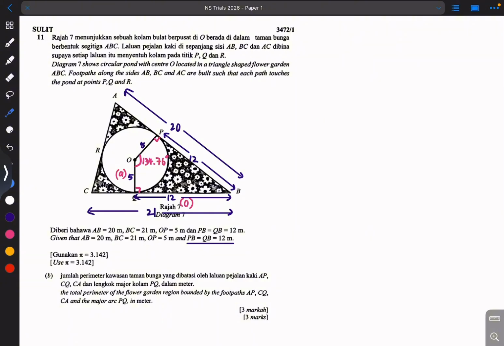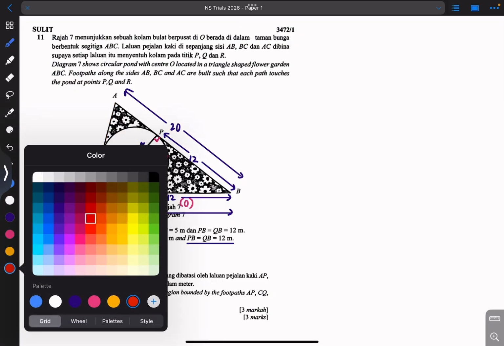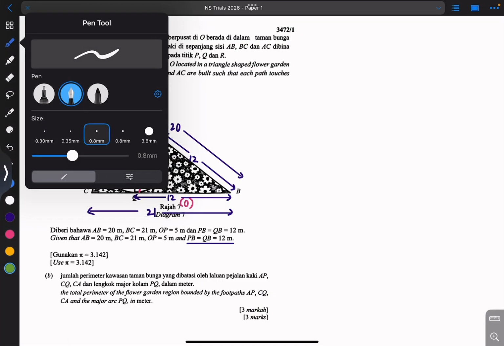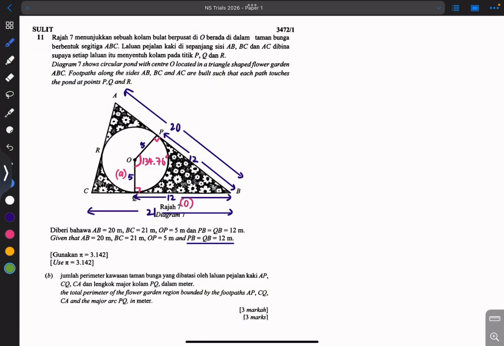B. The total perimeter of the flower garden region bounded by the footpaths AP, CQ, CA, and major arc PQ. So they want us to find this perimeter. So we need all these lengths. Let me just use a different color here, a bit thicker.